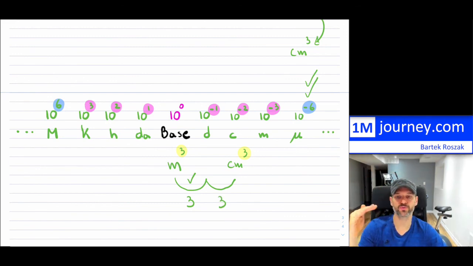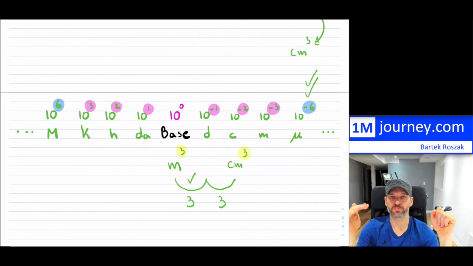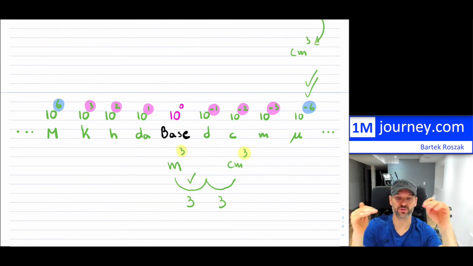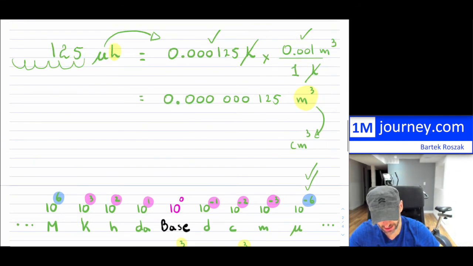If you were just moving from meters to centimeters, then that would have been 2 spots over, right? If it was from meters squared for area to centimeters squared, then each jump is 2. But if you're moving from meters cubed to centimeters cubed, that means each jump is actually 3 spots. And that's the tricky part here.